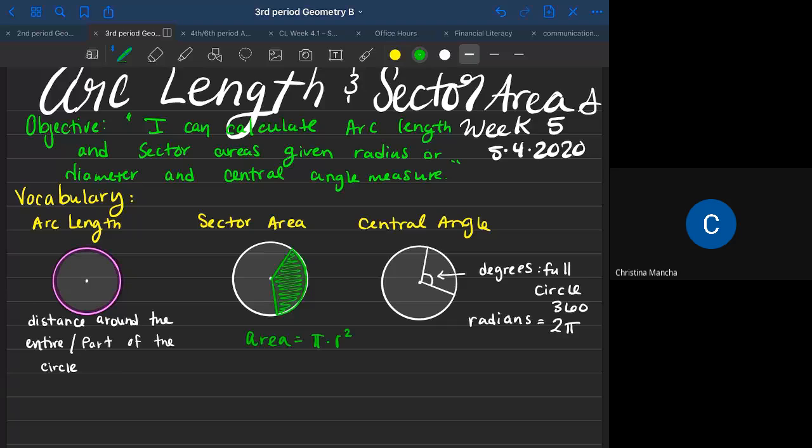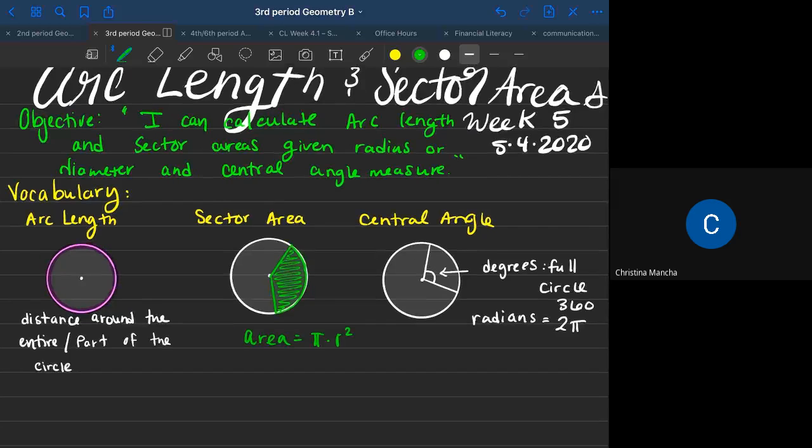Let's make sure we write down our 2 formulas.